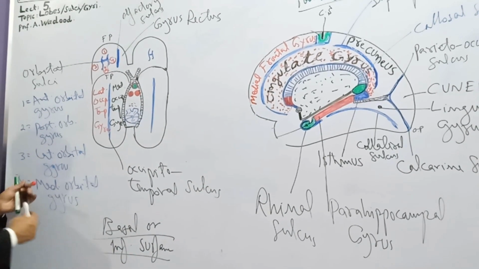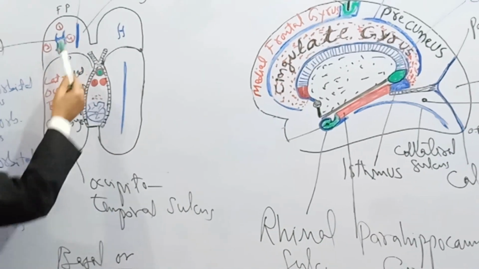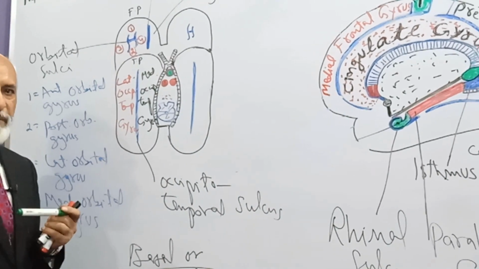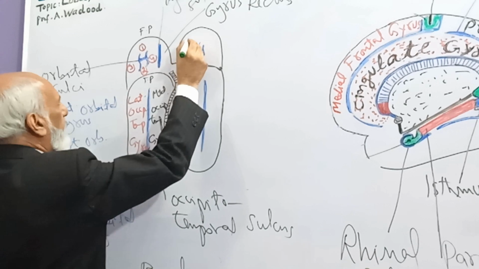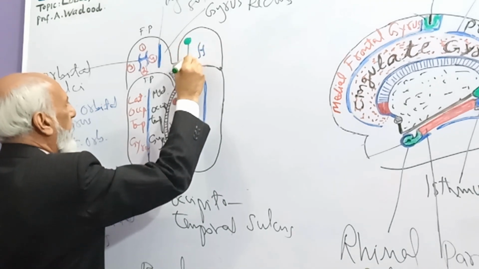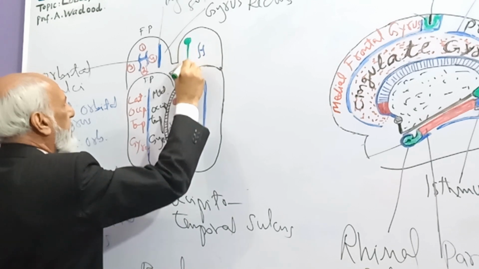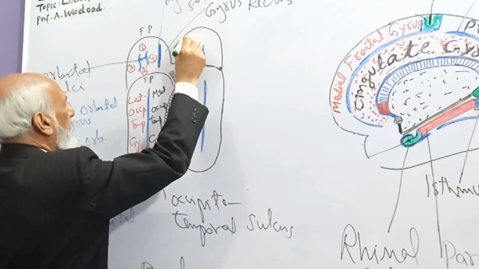Now the question arises why it is known as the olfactory sulcus. Here we have removed the olfactory bulb and tract, because just below this sulcus is the olfactory bulb, followed by the olfactory tract, which then divides into 3 striae. We already talked about it.